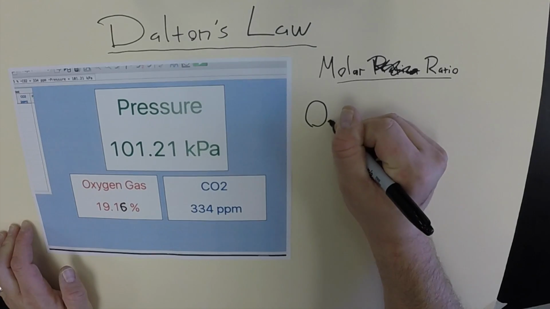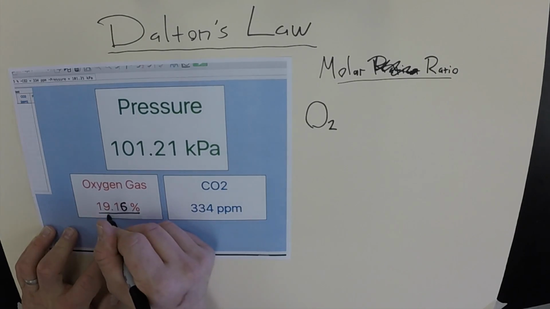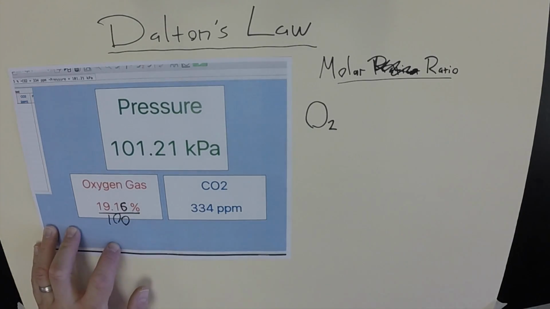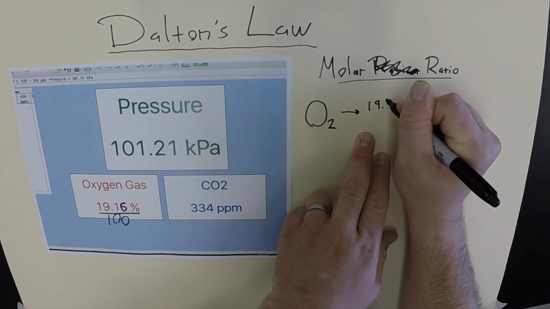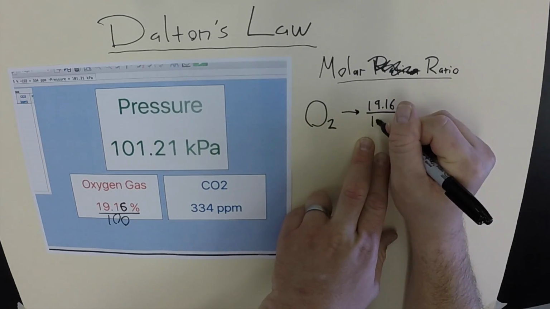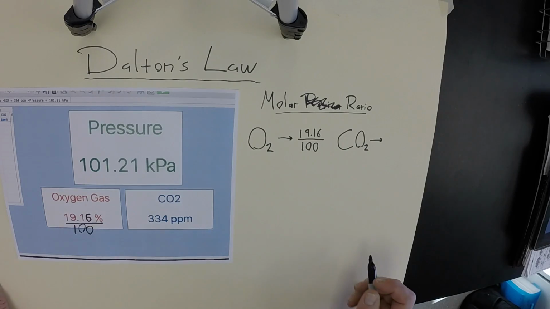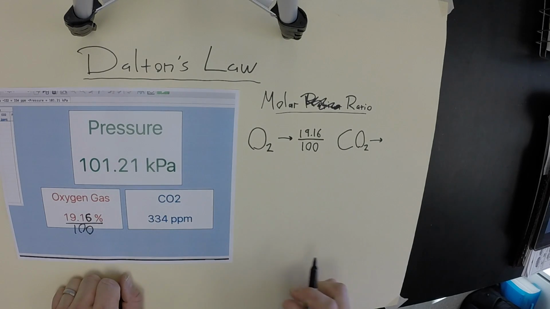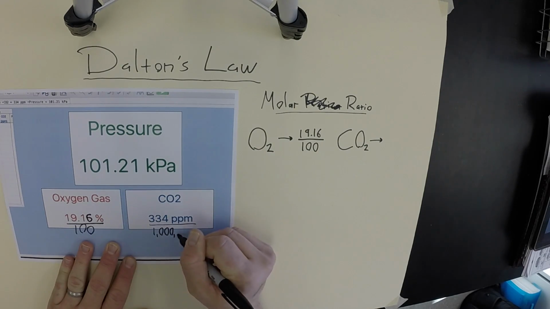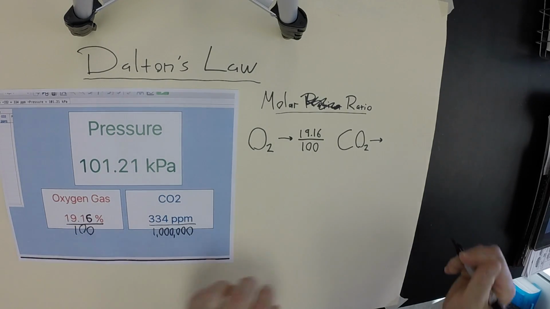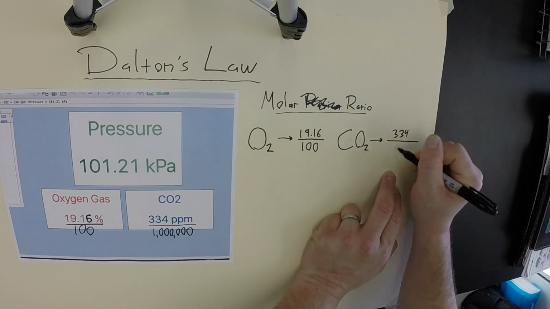For the oxygen gas, O2, we take the percentage and put it over 100, because a percentage is always out of 100. So our molar ratio for the oxygen is 19.16 over 100. For carbon dioxide, we use our parts per million and put this number over 1 million parts, which is the total parts of air. So for CO2, our molar ratio will be 334 over 1 million.